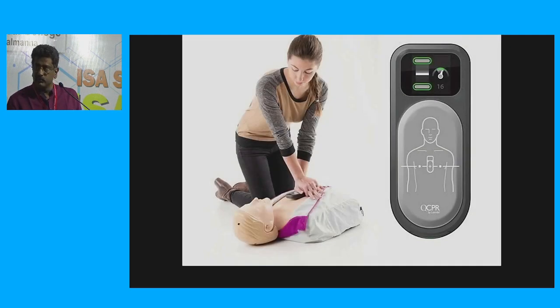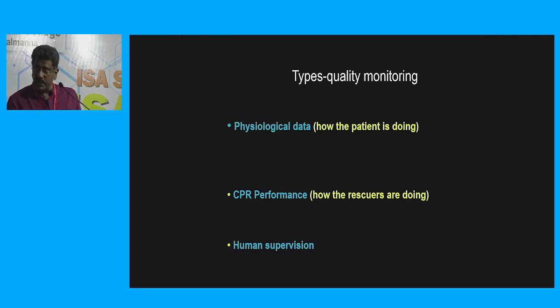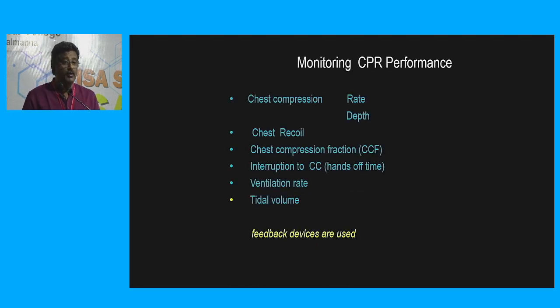So there are two types of monitoring: the quality of physiological data, that is how the patient is doing, and the CPR performance, how the rescuer is doing. So it is basic, and also the human supervision. So monitoring of CPR performance is by feedback devices. Okay.